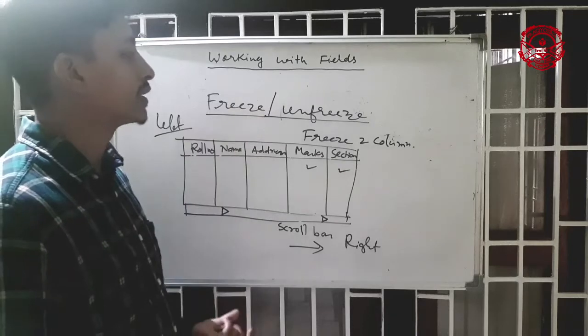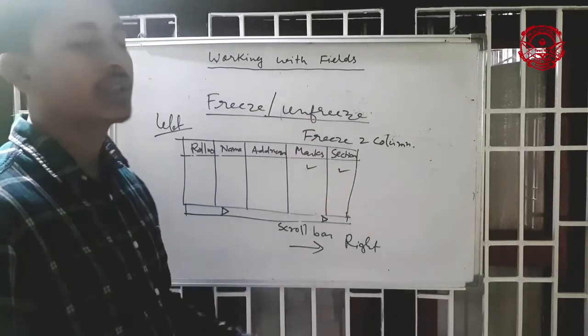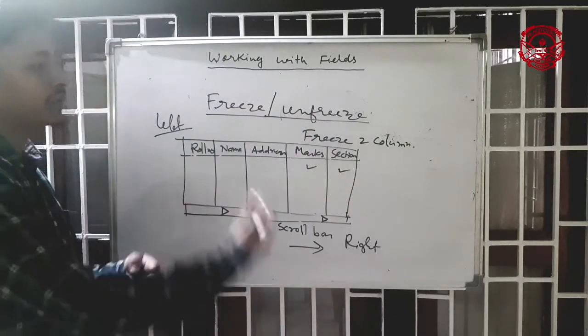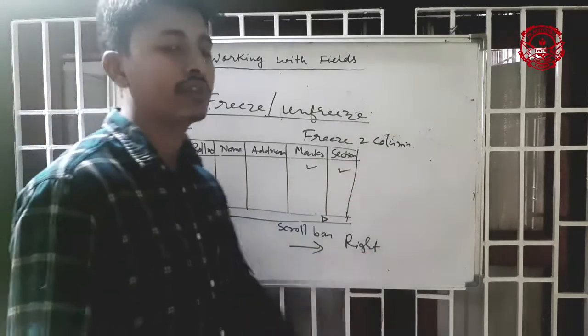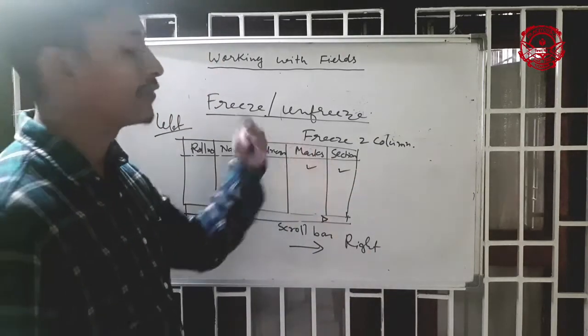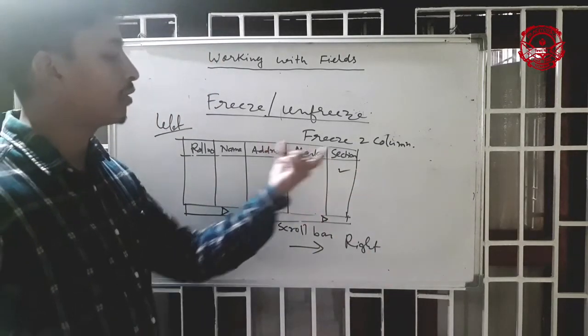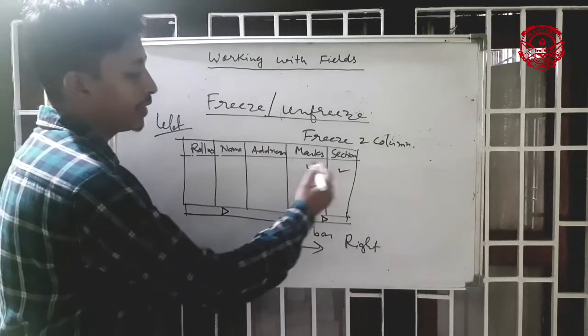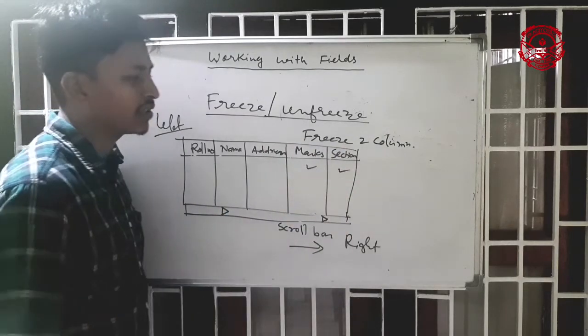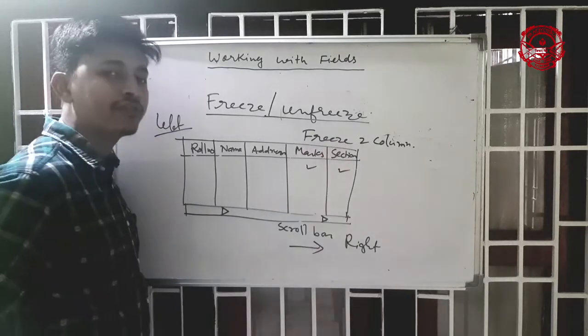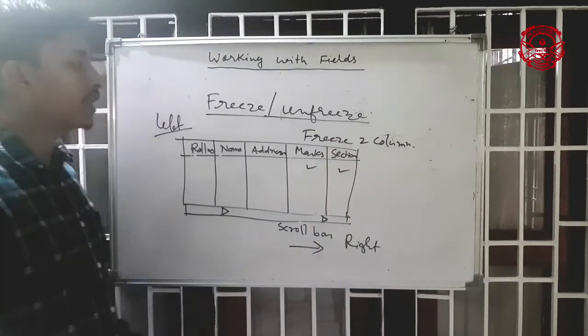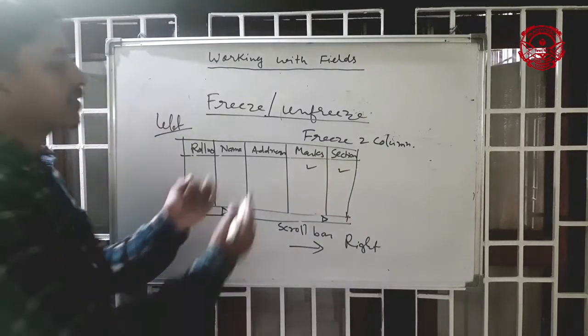It is called freeze. Unfreeze means the reverse: if you freeze 2 or 3 columns, for example marks and section, but you don't require them, again you unfreeze this option. So freeze means they are always visible.